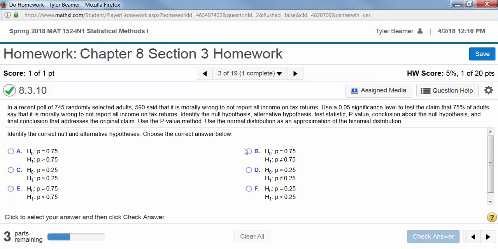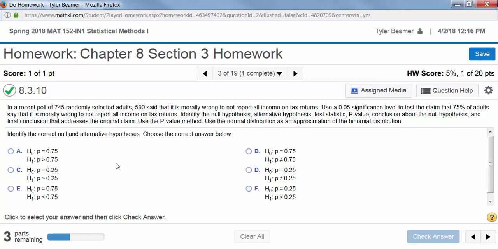Then we need to identify the alternative, which is H sub 1. In this case, the problem doesn't say anything about testing a claim that the true probability is greater than 75% or less than 75%. It just says to test the claim that 75% is accurate.